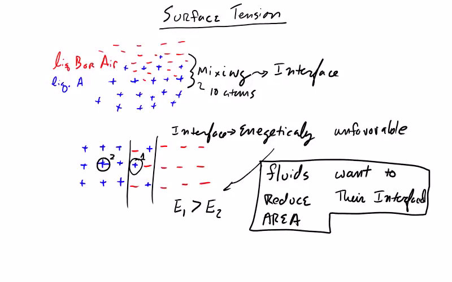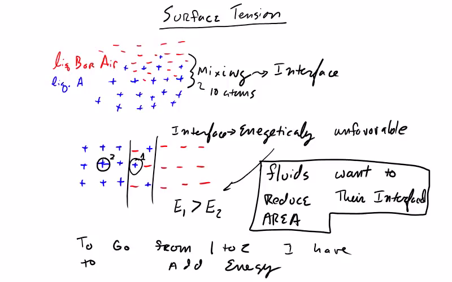What that also means is that in order to get a molecule to the interface, I have to add energy to it. So to go from 2 to 1, I have to add energy.